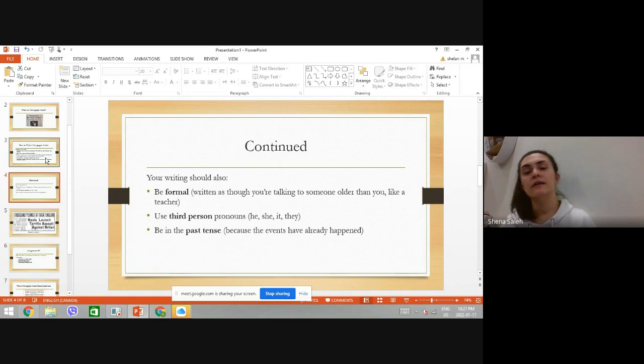So when I'm going through this refrigerator story, you can notice that I'm only using third person pronouns, which is very important in a newspaper article. And for the last point, it should always be in past tense because the events have already happened.